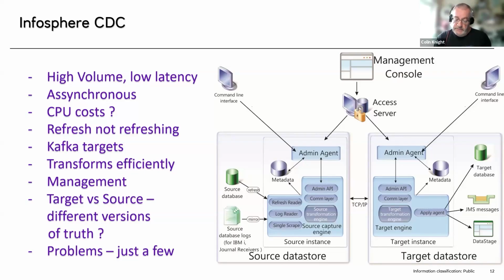CPU costs. We see CDC is definitely more expensive than queue replication, which is a shame because it's really performing the same function within DB2. It's scraping the log for changes to tables and then applying it to your target.